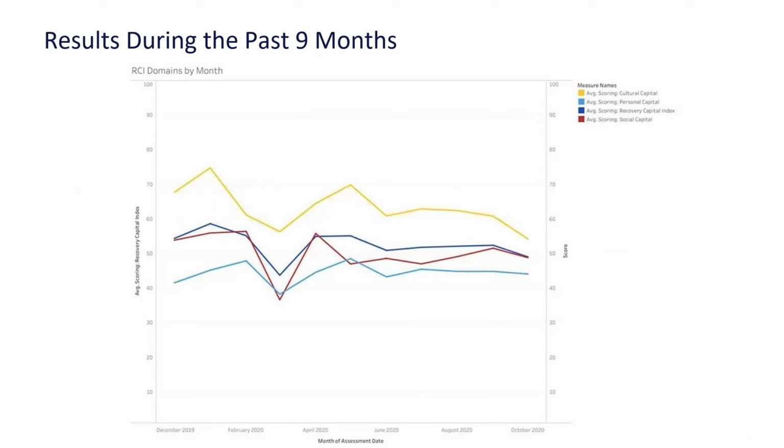You can see, just observationally, that there is really a tightening of what we call recovery capital, of those determinants. If I threw a trend line in here, you would see that trend line starting to go down. I can't answer specific questions of, is this as a result of COVID?